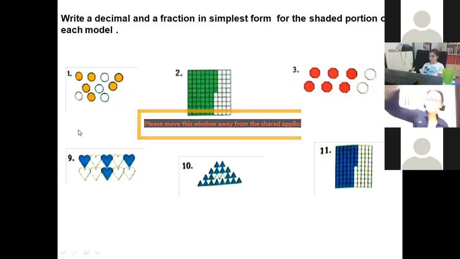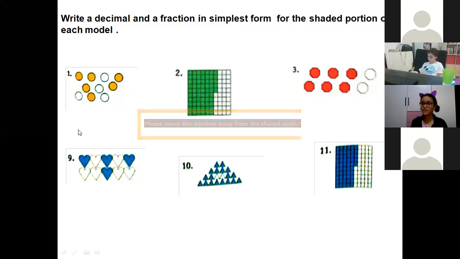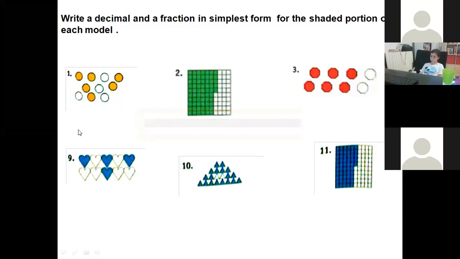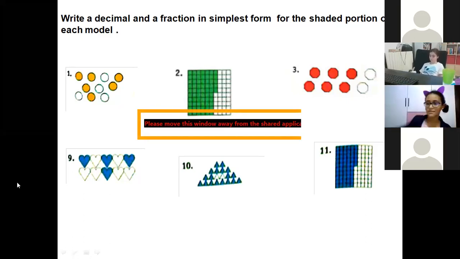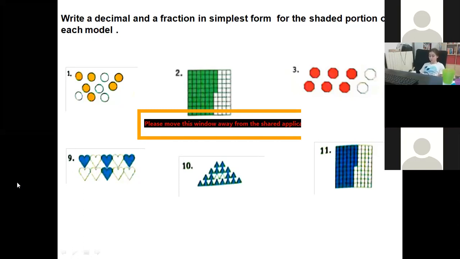What is it? 1. No, there is another number. We can divide 6 and 10 by another number. Not 3, we can't divide 10 by 3.